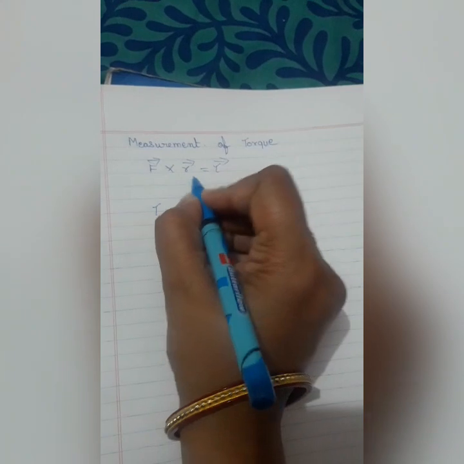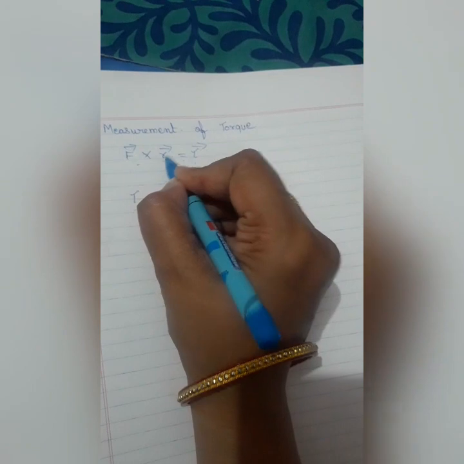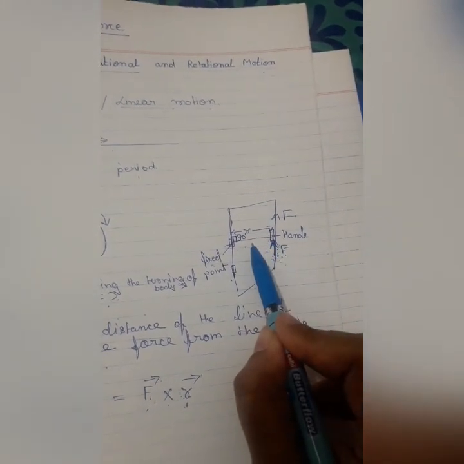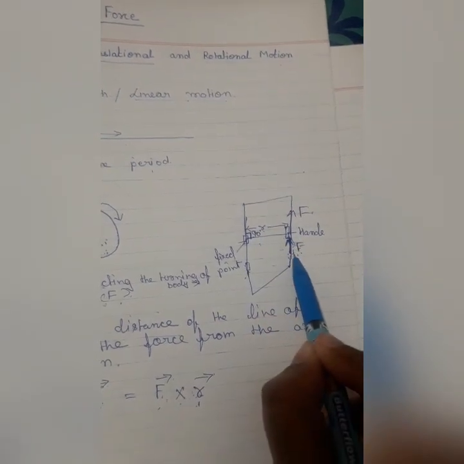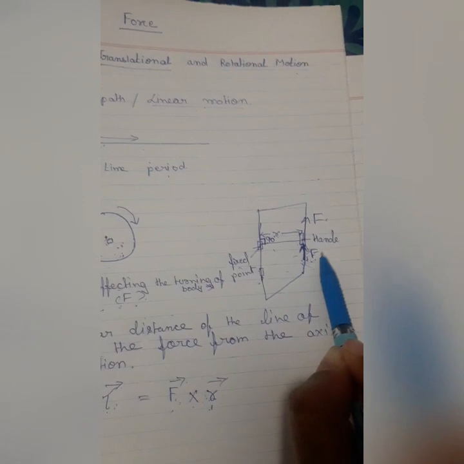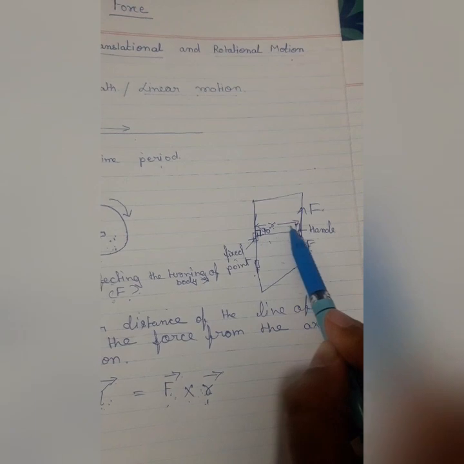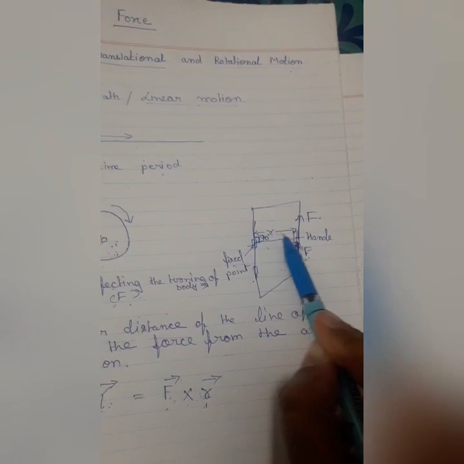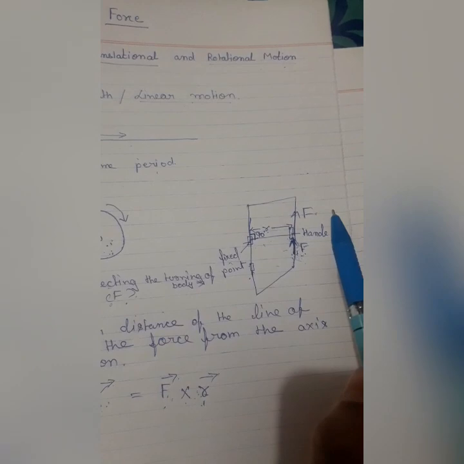What I am telling you is, when we write torque is equal to r into F, then if this distance is maximum, if somehow we can increase the value of r, then the required value of force can be minimum, right? That is why the handles of doors are always at the maximum distance from the hinge. This distance should be maximum, then with very small effort we can show the turning effect, right?